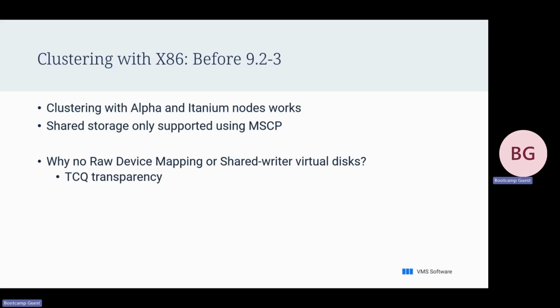One of the questions that came up sometimes, couldn't you have like a raw device, present it to two different virtual machines and build a cluster using shared storage on x86 that way? Or could you use shared writer virtual disks? And there's an issue with that, that TCQ, tag command queuing, is not transparent. And TCQ transparency is something that the VMS clustering protocol needs to be able to share disks. And there's one thing that's pretty different between how OpenVMS deals with shared disk devices compared to pretty much any other clustering software.